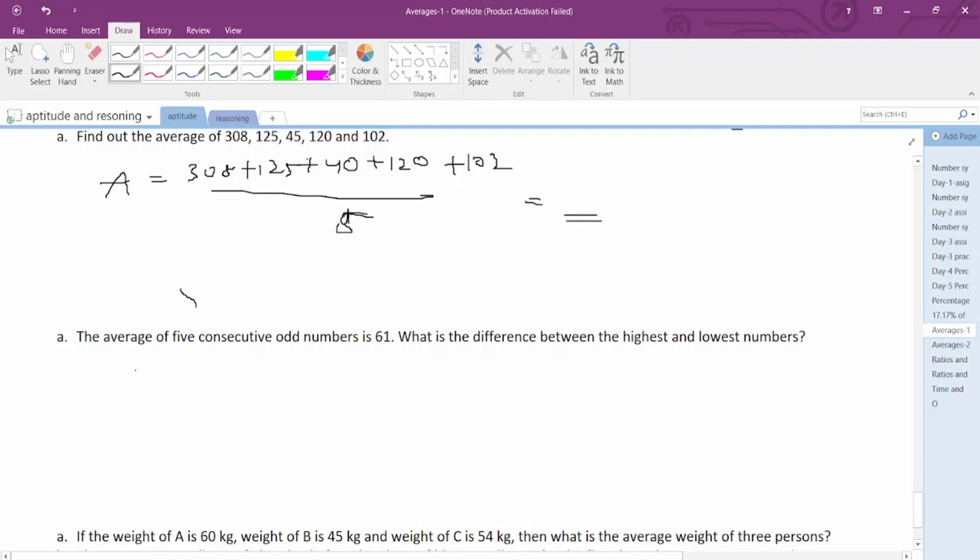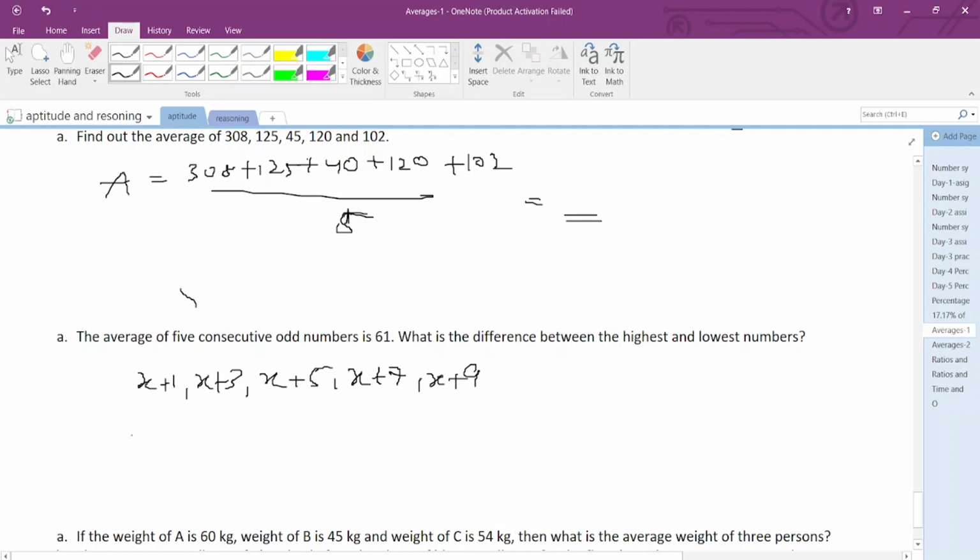So let's solve. Since he is talking about odd numbers, let's take x plus 1, x plus 3, x plus 5, x plus 7 and x plus 9. So these are the 5 consecutive odd numbers.